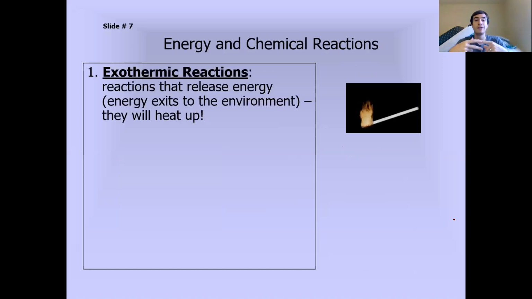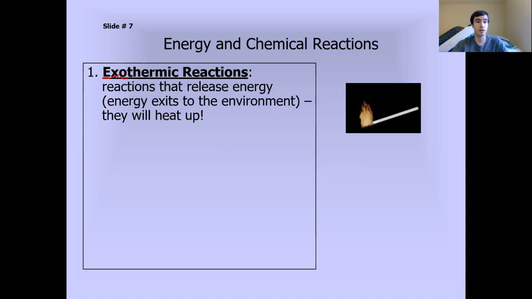So there are 2 major types of reactions that happen with these different types of chemical reactions. We can have reactions that release energy and reactions that absorb energy. So first up, we have exothermic reactions.